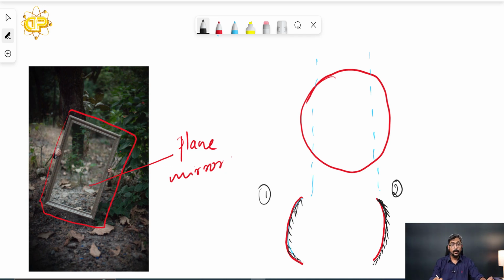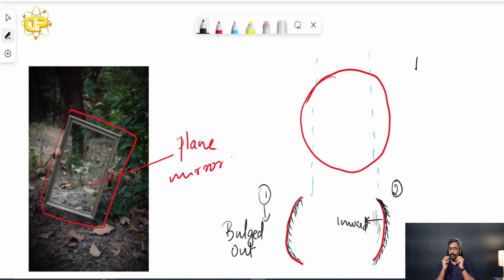But just observe the shape of the mirrors carefully. In the first mirror, the shape is like this: the reflecting part is bulged out. In the second, this side is inward; the reflecting part is inward.